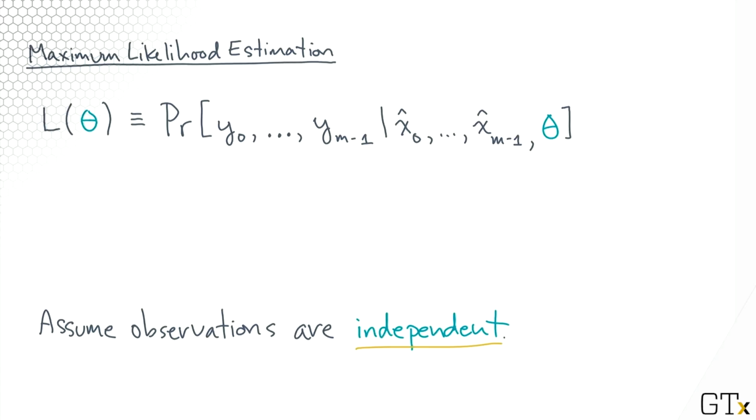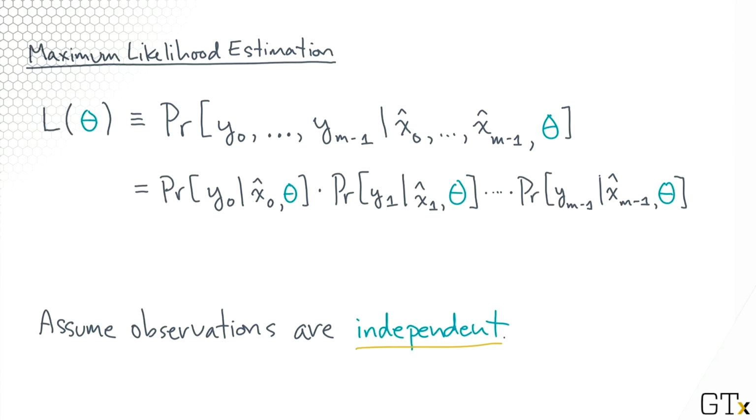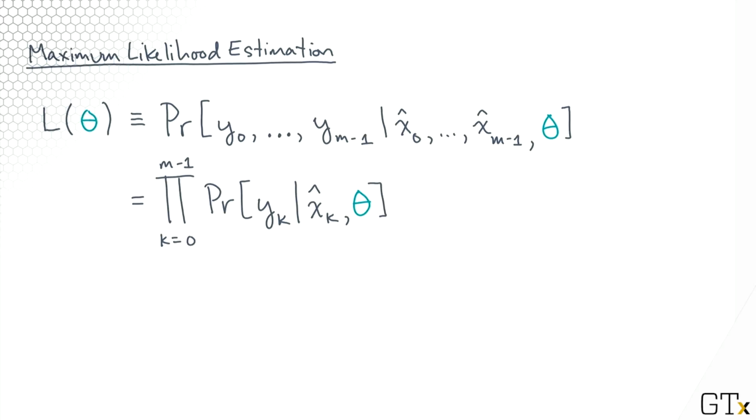Assume that the observations are independent. In that case, you can factor the joint probability into the product of per observation probabilities. Let's rewrite that product more compactly as the product from k equals 0 to m-1 of the probability of y_k given x hat k and theta. Let's also use the shorthand little l_k of theta to denote those individual probabilities.